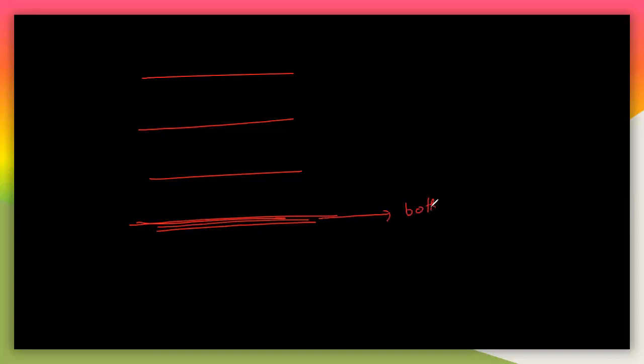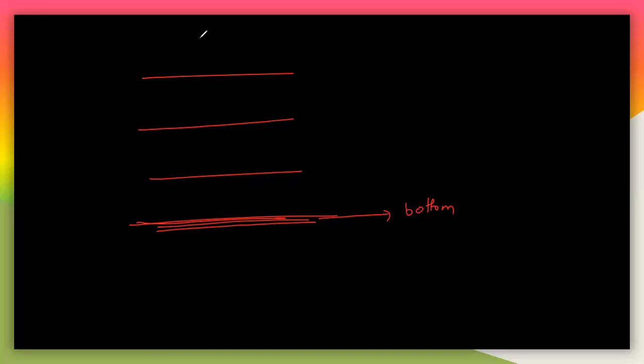So I will once again show you this. Like this, let us understand the upper molecules and the bulk molecules or lower molecules. Let us say this is the bottom of the liquid.